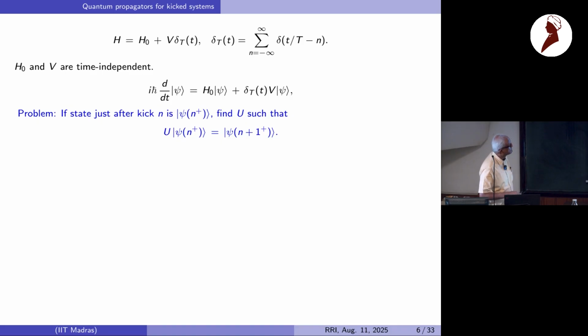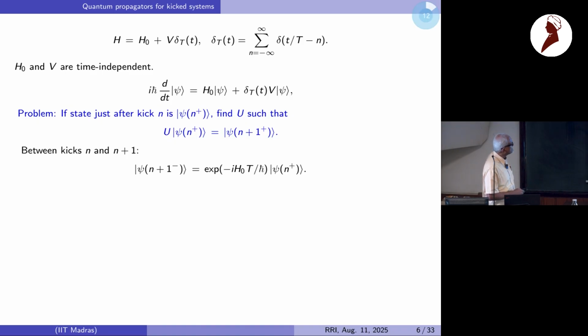And from general quantum mechanics, we know that this operator is unitary. So this will be the equivalent of the classical map. And we'll call this quantum map, although in the quantum information literature, a quantum map is also used in other ways.